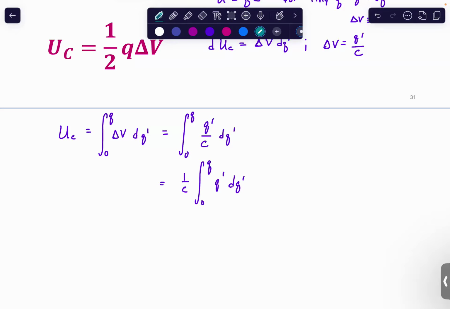This allows us to use the most fundamental integration identity. That's our power rule.